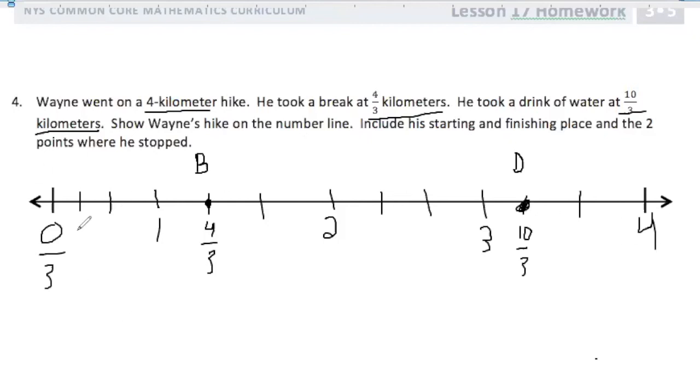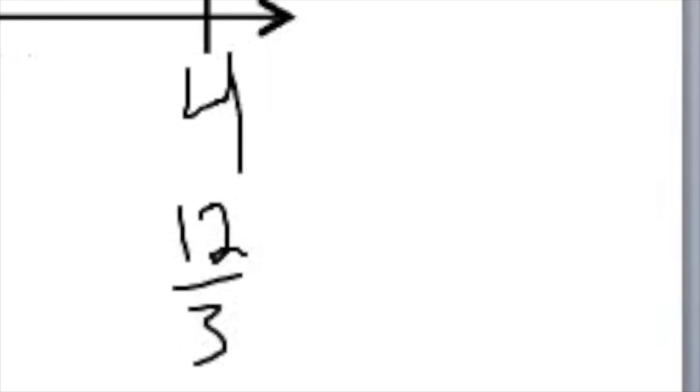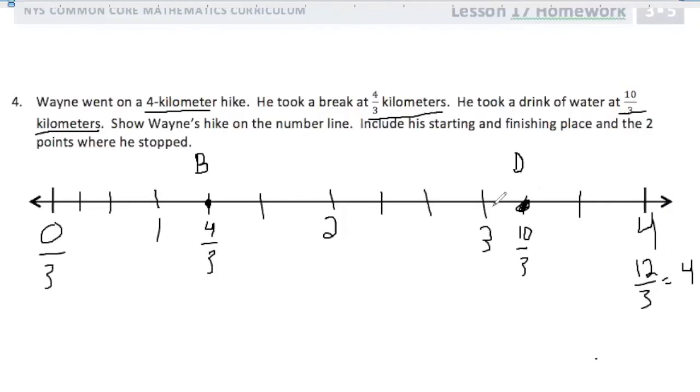Okay, and then if you were to look at the very end here, this is 10/3, 11/3, 12/3, and just a quick reminder, the reason why this is represented as 4 is because they did 12 divided by 3 equals 4, just like that, okay? When you look back at 3, and if you go back 1 from 10/3, it's going to be 9/3, and when you look at it that way, it is 9 divided by 3 equals 3.